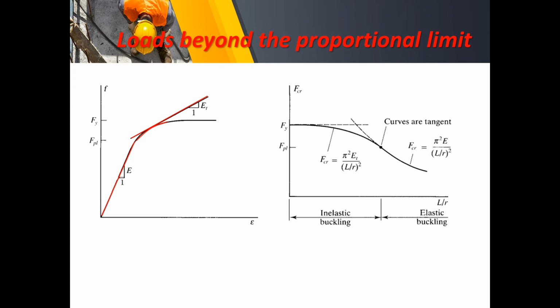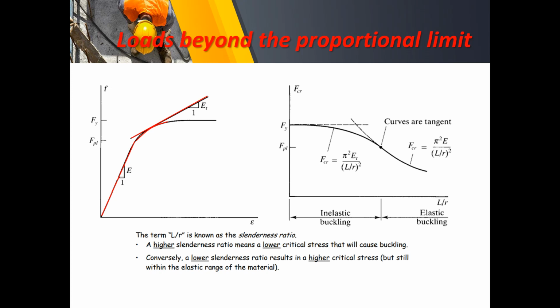So this is also expressed in the formula of FCR equal to pi squared E all over the square of the slenderness ratio. Of course, we know that L over R is known as the slenderness ratio.